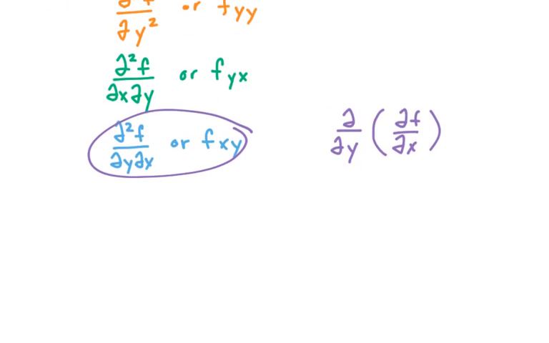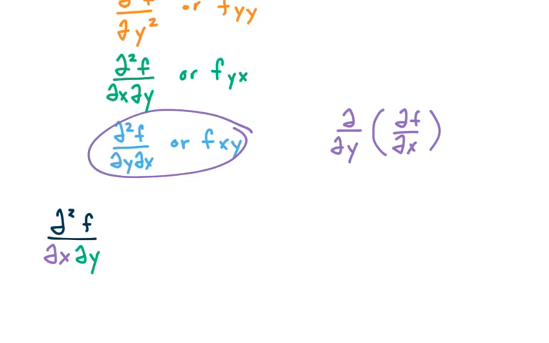So if I write this out, if I have d2f dx dy, I'm actually going to throw some color in there. We'll say dx dy.